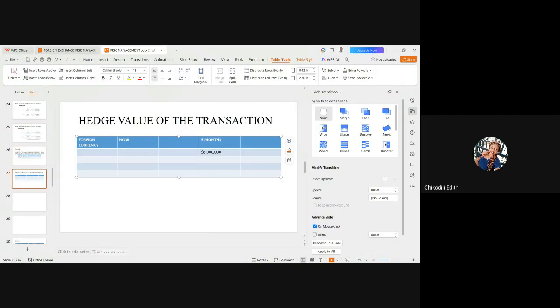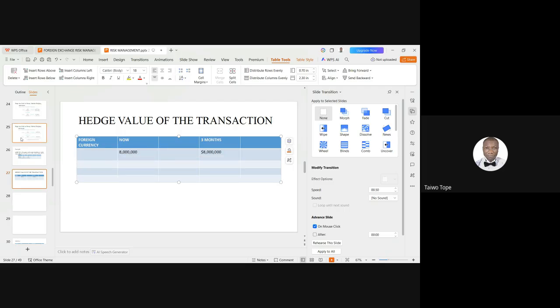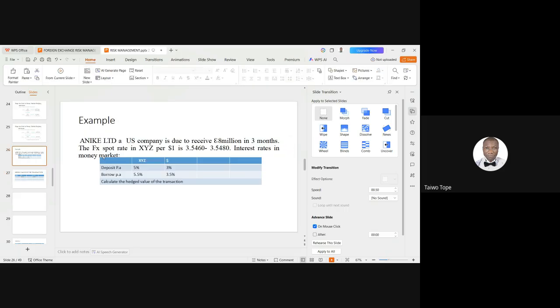So it will be 8 million divided by... From the question, if you are borrowing in foreign currency, what will be the rate? Look at it. The rate is 5.5%.